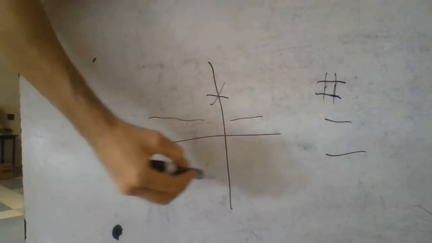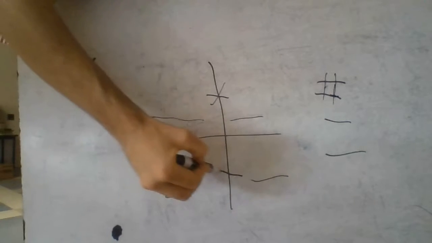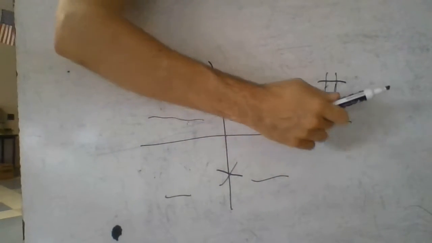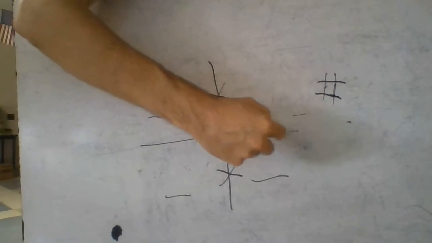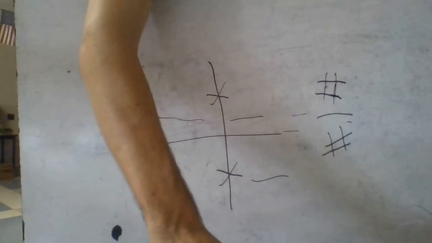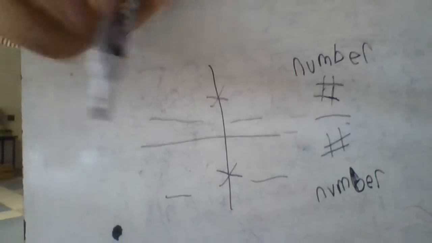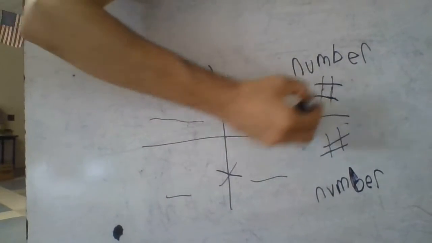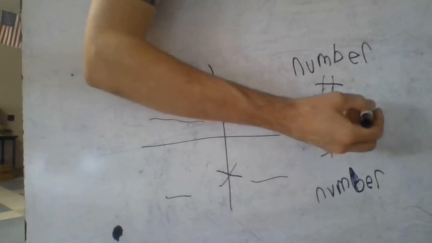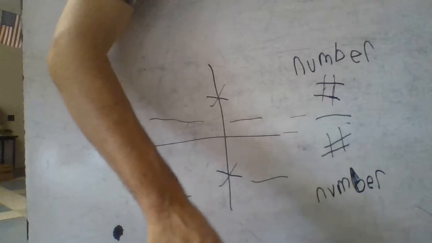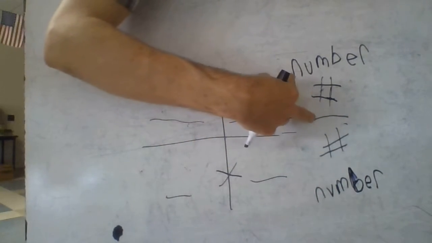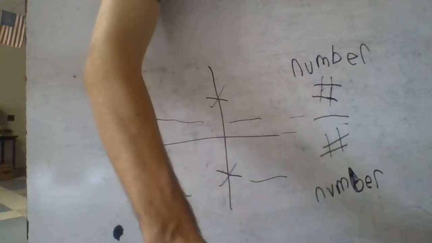And I'm going to multiply whatever I've got here and here together to get another number. So I'm going to multiply this times this to get a number, this times this to get a number. And then whatever two numbers, I'm going to divide. So that is my last pattern. I multiply across, and whatever fraction I make, I divide the top by the bottom.